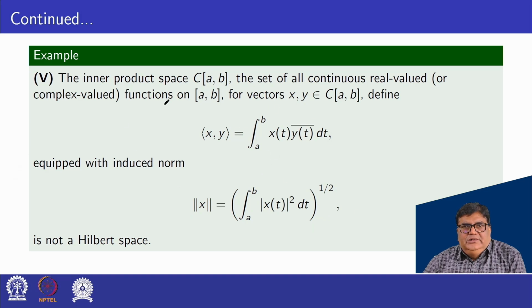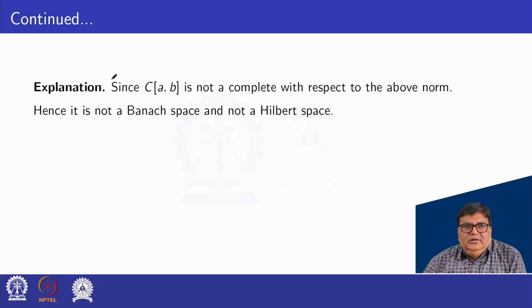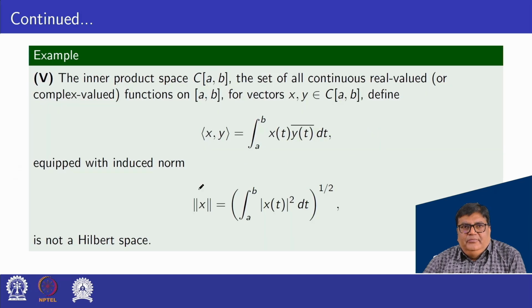So C[a, b] is not a Hilbert space under this norm or under this inner product. Why? Because C[a, b] is not complete with respect to the above norm. Already we have proved this is not a Banach space, that is, not a complete space.